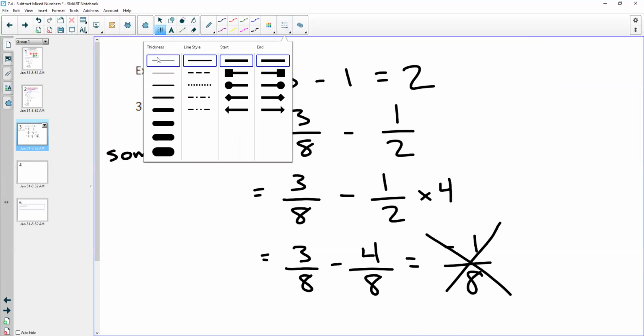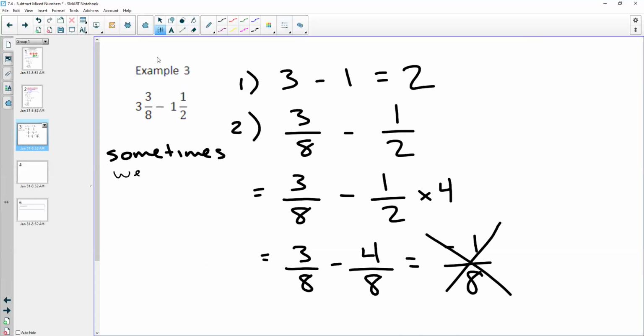So sometimes we need to convert mixed numbers into improper fractions.